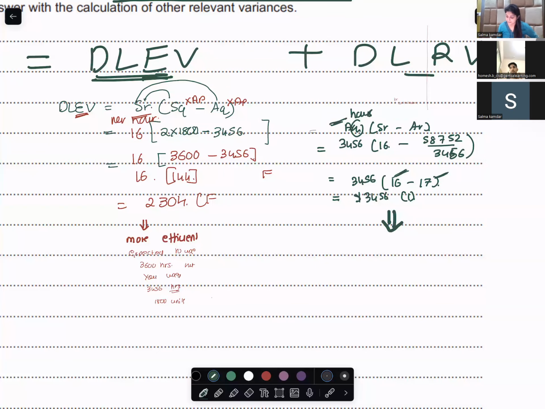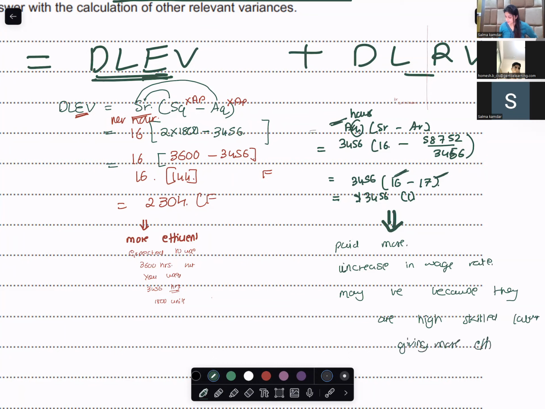You paid more. Why did you pay more? Increase in the wage rate. Why is there an increase in wage rate? Maybe because of the demand, because they are highly skilled labor giving more efficiency.